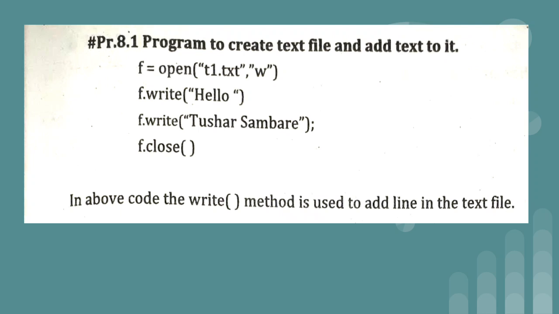If you want to create a file, we have to make use of one method, that is the open method. Just see the example: f = open('t1.txt', 'w'). Here t1.txt is the name of the file which will be automatically created.